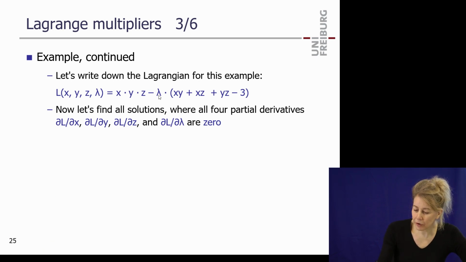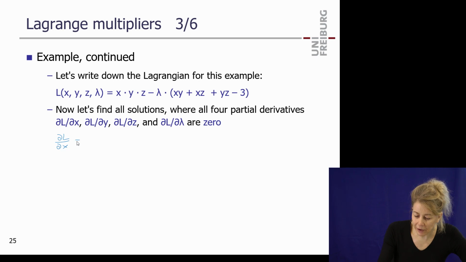We have this Lagrangian, which is just the volume minus lambda times the side constraint, and now let's just compute the partial derivatives. So by x, which means my x is now the variable, and y and z are constants. You could imagine numbers here, like x times 7 times 5, right? And if I derive by x, it would be 7 times 5, 35.